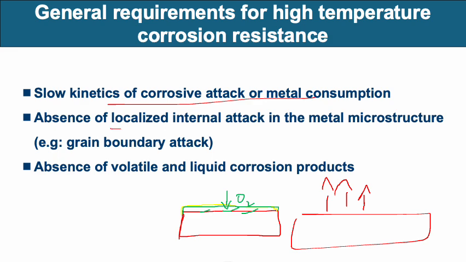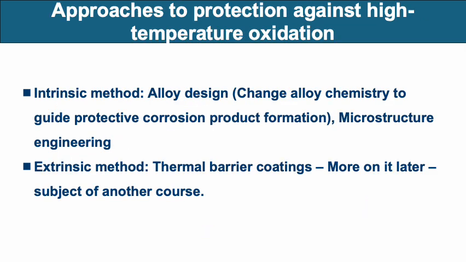And this is also achieved by the protective scale formation. And if we form a compact solid scale, we can also prevent this. So if all these three things are prevented, which is usually achieved by this protective oxide scale, then we are safe in terms of high temperature corrosion properties. So this slide gives you a brief overview of approaches we take to mitigate high temperature oxidation.